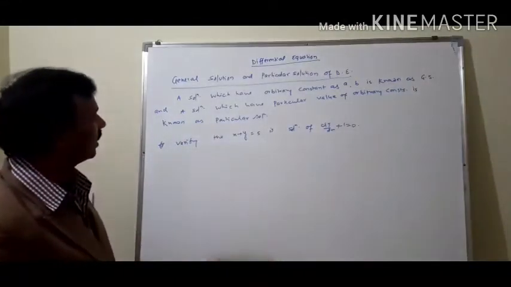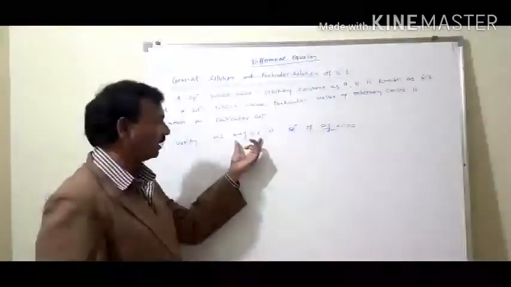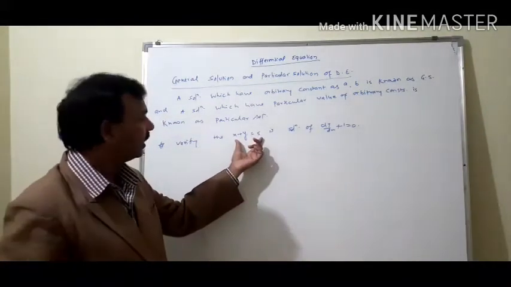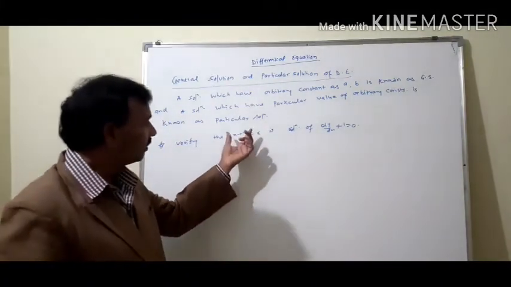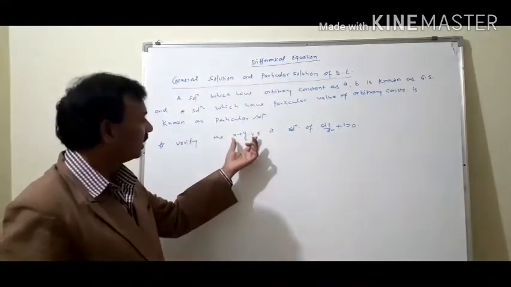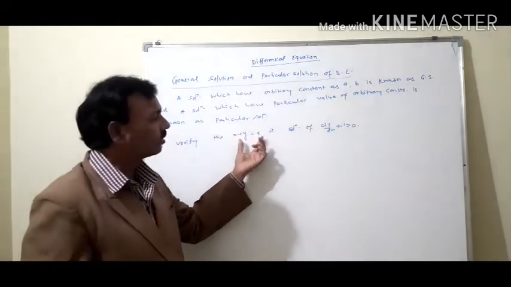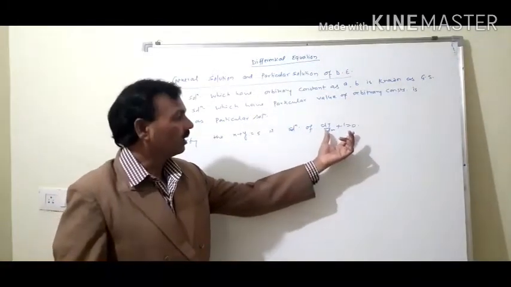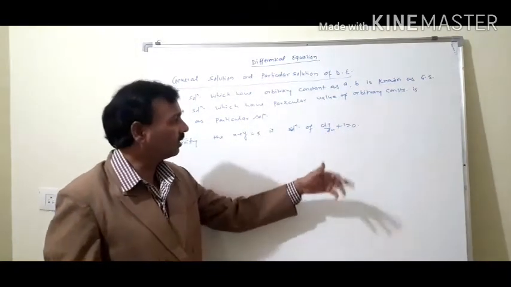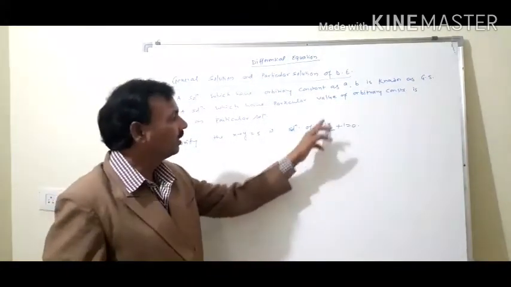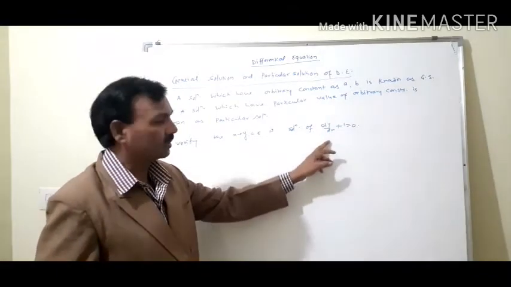You can see x plus y equal to 5 is a normal equation, and we prove that this equation is the solution of this differential equation. This is the differential equation because in this relation one differential coefficient is used.